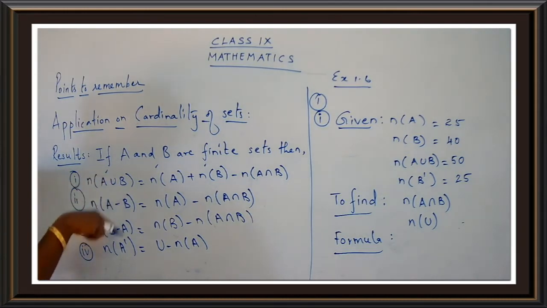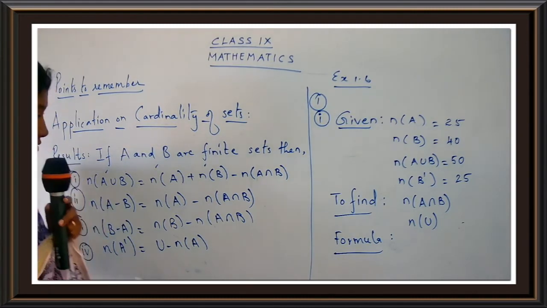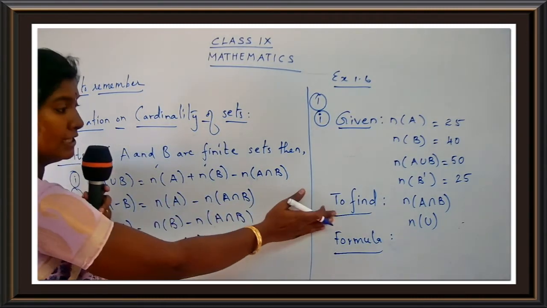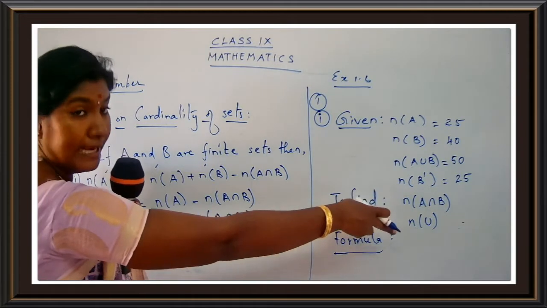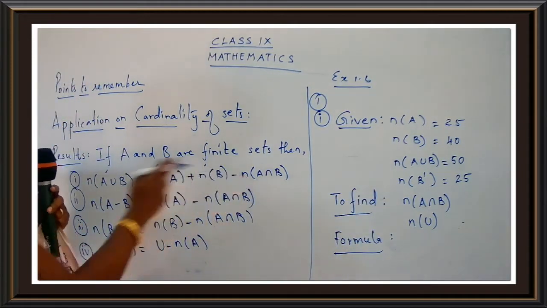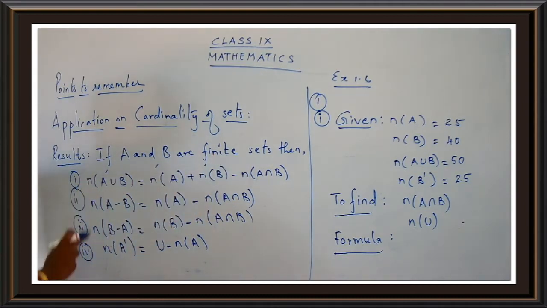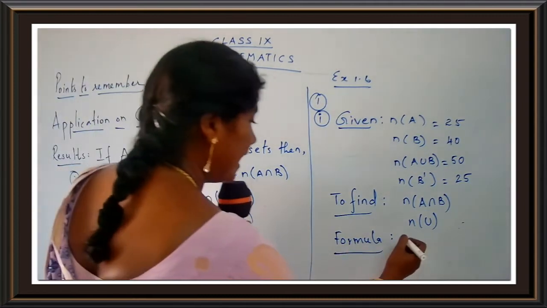So I have told you that we are going to use these formulas for finding the unknown parts. So here, for finding this answer, that is finding n of a intersection b, I need n of a, n of b, n of a union b, which is given in the first formula. So I am going to write the first formula.